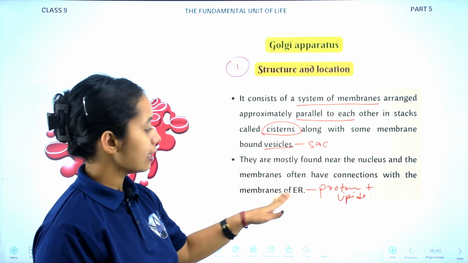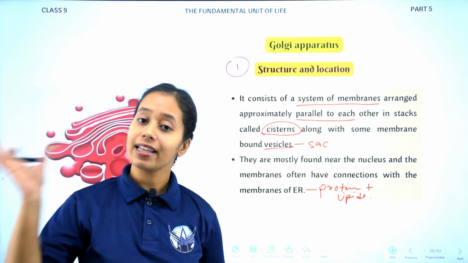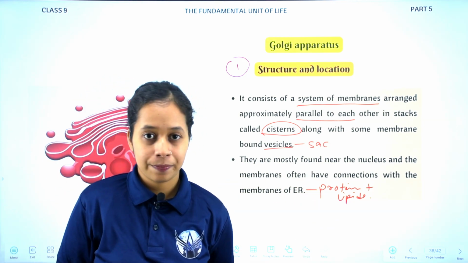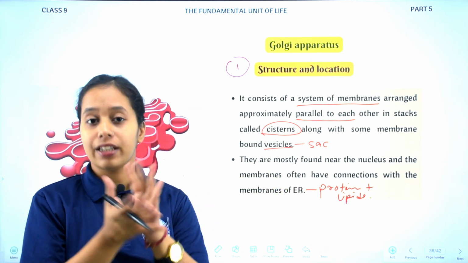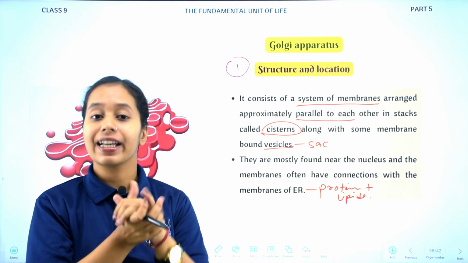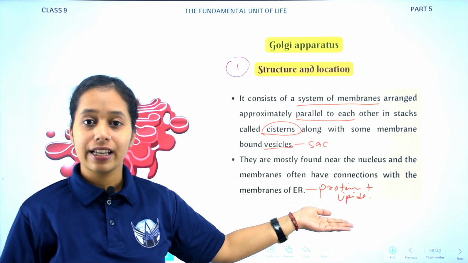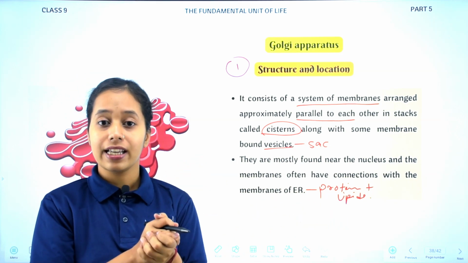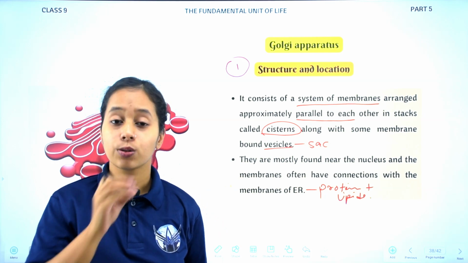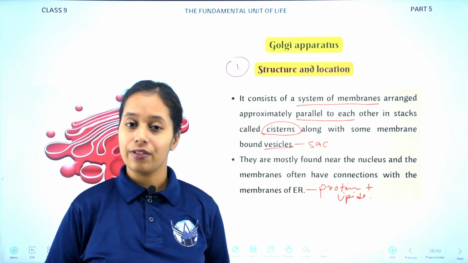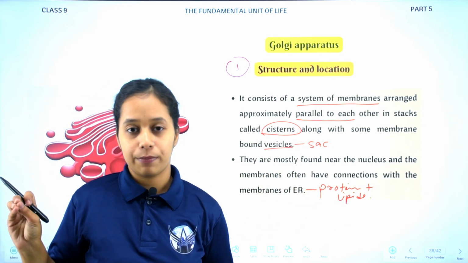These proteins and lipids are synthesized in the ER, and then they are packed up, and these packed up little balls are taken by vesicles to the Golgi apparatus.